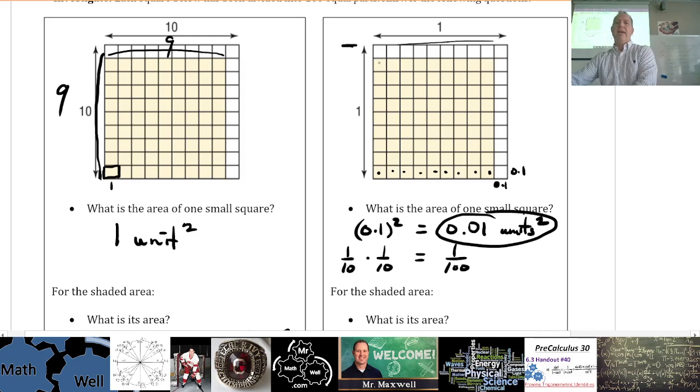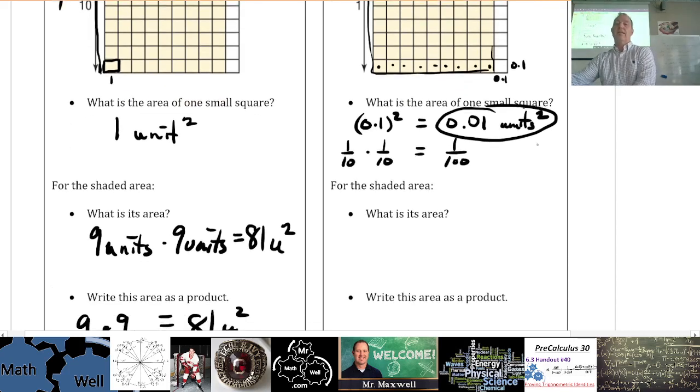Okay, so I have 81 shaded yellow squares here, and each square is 0.01 units squared. So would it make sense that I say 81 times 0.01? Do you like that or no? You don't like that? Okay, why not? Something's off about it.